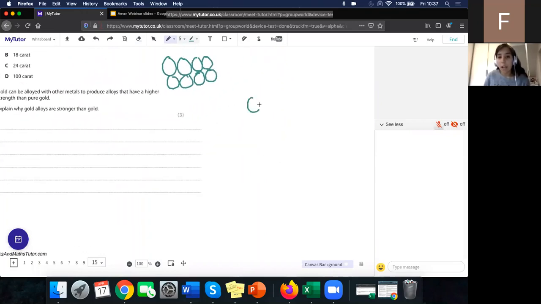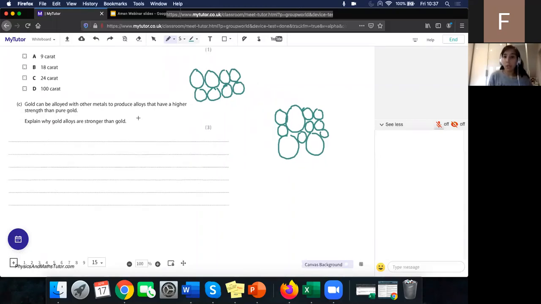Whereas when we use an alloy, there might be bigger particles in there that are going to disrupt those layers and mean that it's a lot harder. What you can see is there's no nice neat layers there, so we can't roll those ions over one another, and that's why alloys tend to be a lot harder. So remember, softness comes down to how easy it is for the ions to roll over one another, and also to do with the electrostatic attraction.